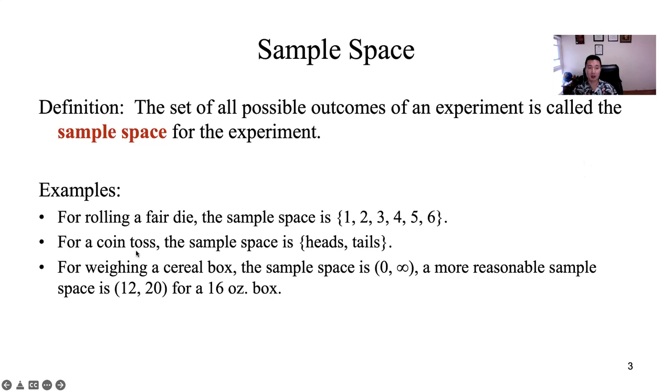For a cereal box, the sample space should be from 0 to infinite ounces, or more reasonably, for a 16-ounce box, let's say between 12 to 20 ounces. So it should cover all the possible outcomes for that weight.